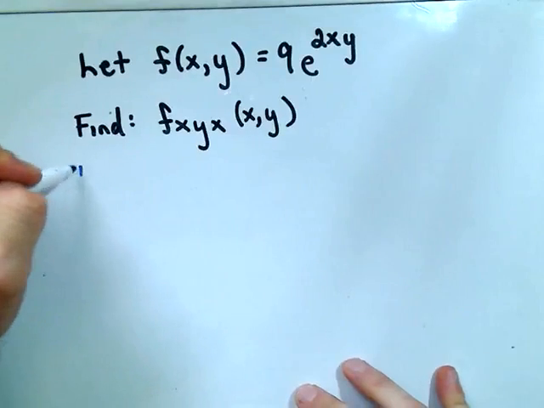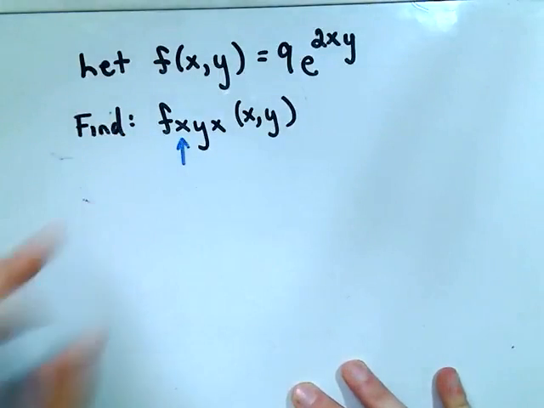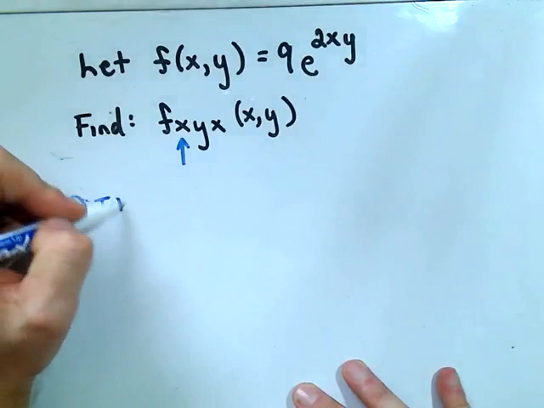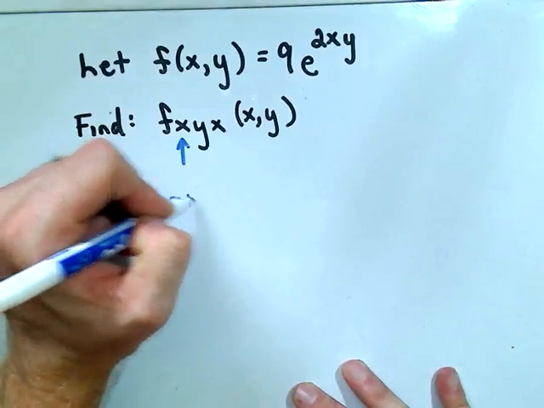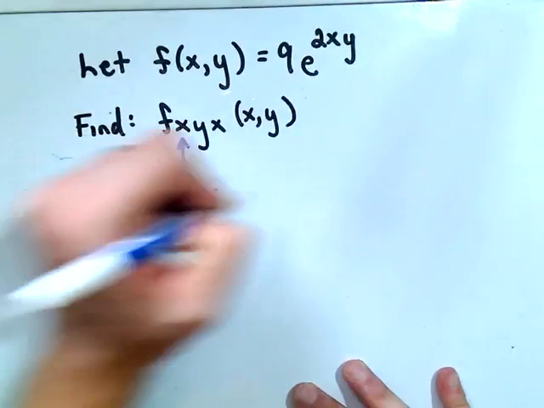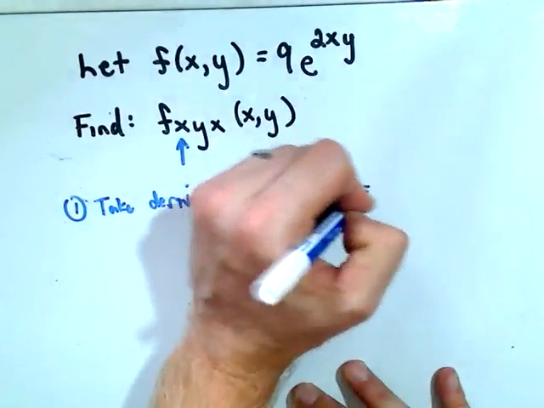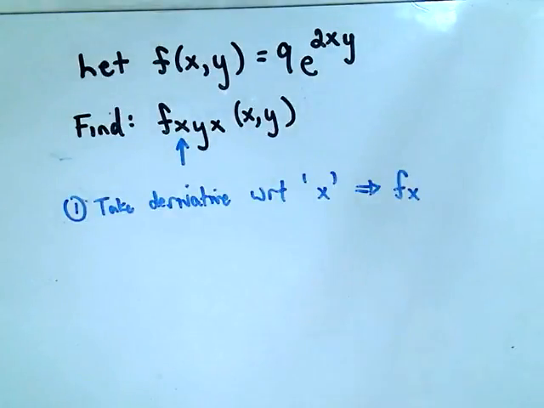And so basically, if you look at the first letter, we see an x. So all that means to do is to first take the derivative with respect to x. And that'll produce a new function, the partial derivative of f with respect to x.